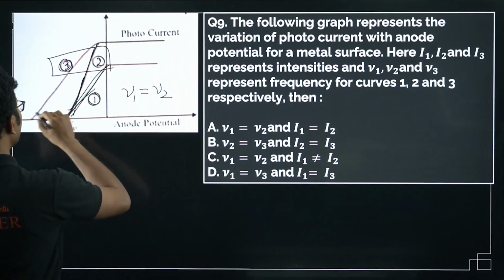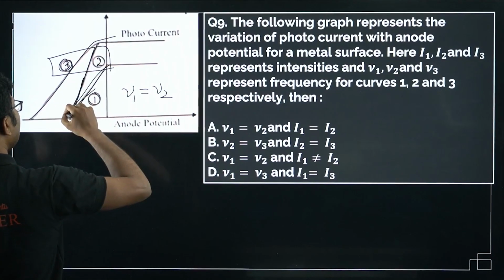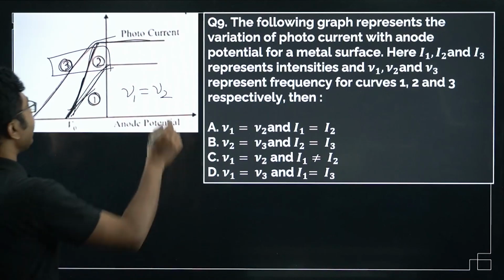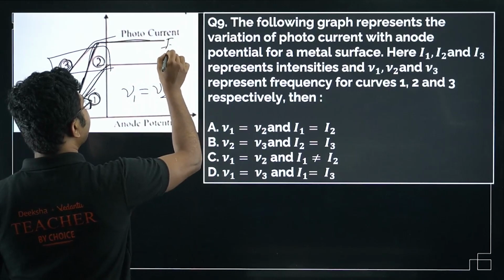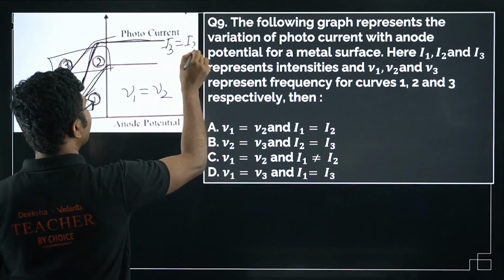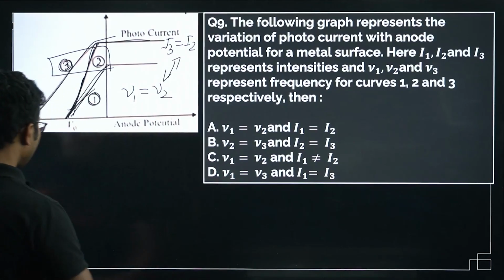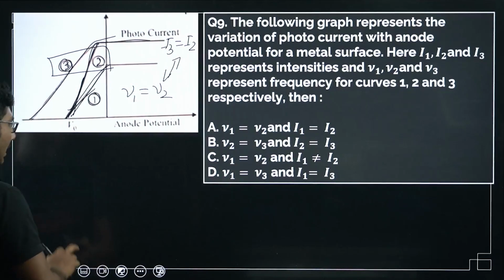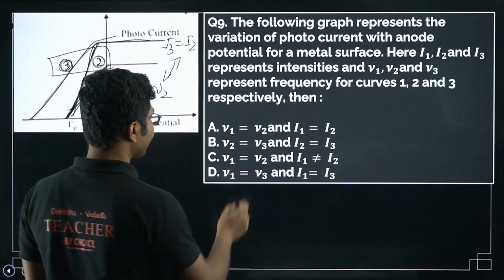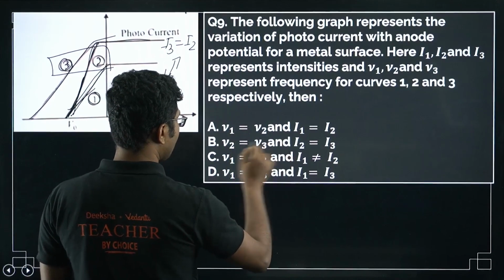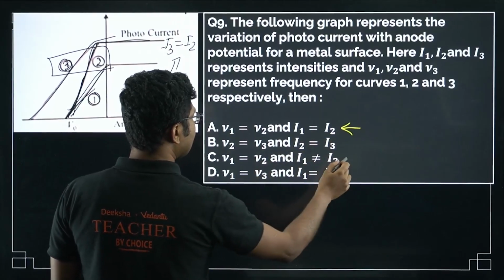Now these two, 3 and 2, have the same saturation current. So the intensity of 3 must be equal to the intensity of 2. So these two are the correct relationships. Anything else is not correct. Let's see which option is correct. Frequency-wise, nu1 equals nu2 is given in two options, in this and in this.